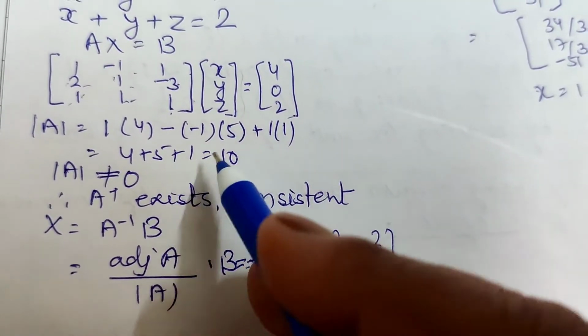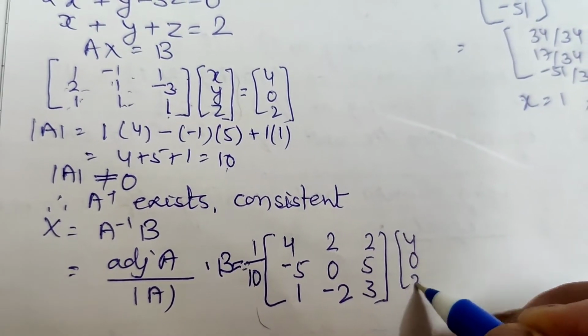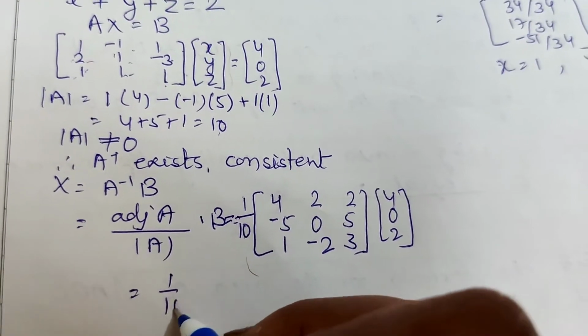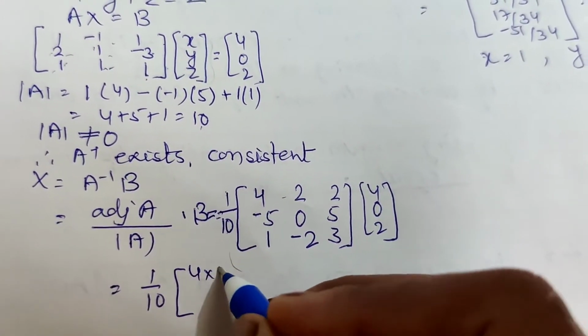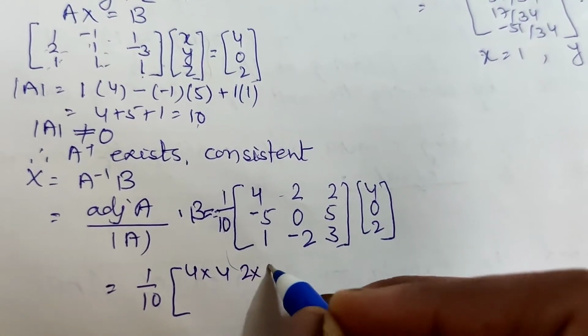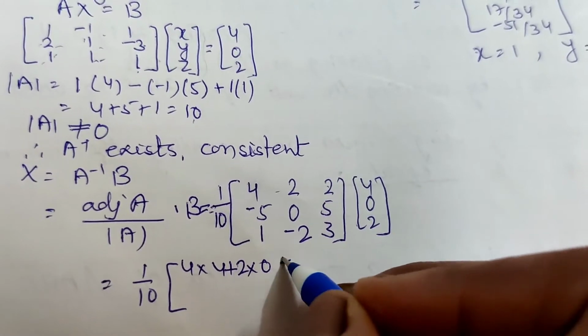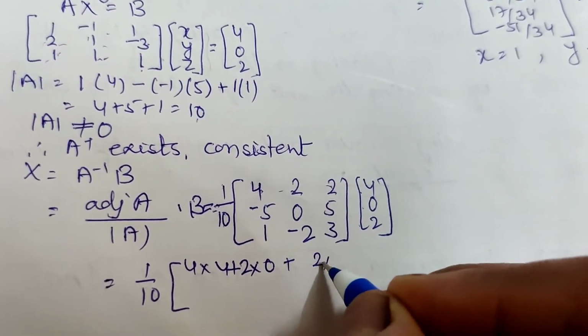1 by 10 into B, which is [4, 0, 2]. Now solve: 1 by 10. First row: 4 into 4, 2 into 0, plus 2 into 2.